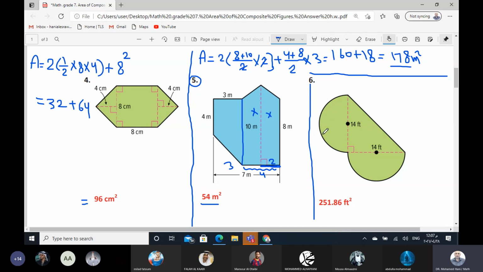Mister, you multiplied it by 2, then again by 2. No, I said 8 times 10, 80. 80 times 2 will be 160, just one time. But what is wrong here?